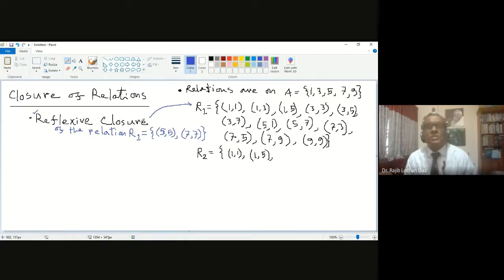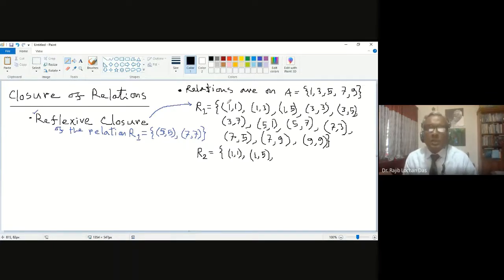So reflexive closure actually is a set that will give you the necessary elements so that that particular property will be satisfied. So reflexive closure of R1 is (5, 5) and (7, 7). That's it. This is the set. Closure means the set of necessary elements.